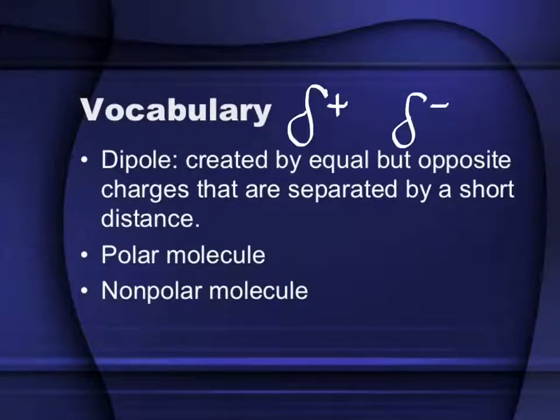If you have a dipole, you have a partial positive and a partial negative. That delta means partial positive. One area is positive because all the electrons are being pulled toward the other side.